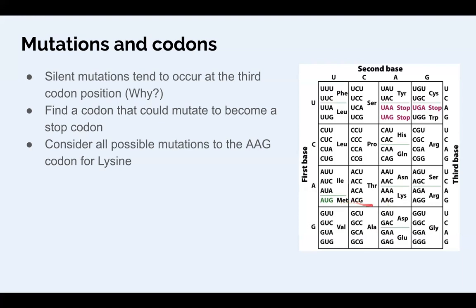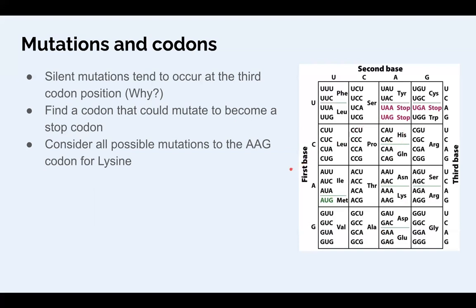AAG, take it across the rows. A change at the second nucleotide would turn that lysine codon into arginine, threonine, or methionine. And then moving up, AAG could become GAG for glutamate, CAG for glutamine, or UAG for a stop codon.